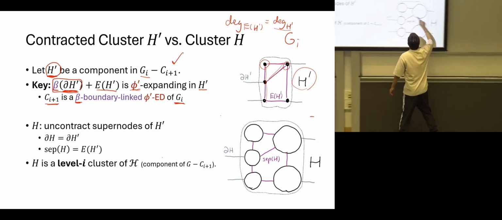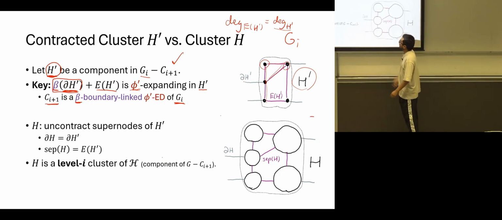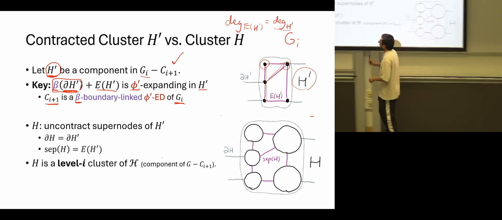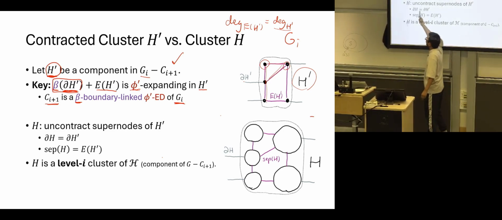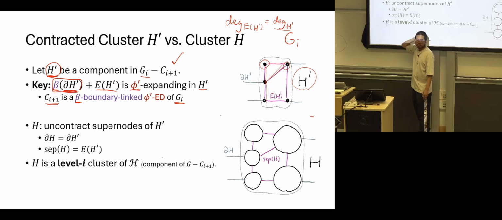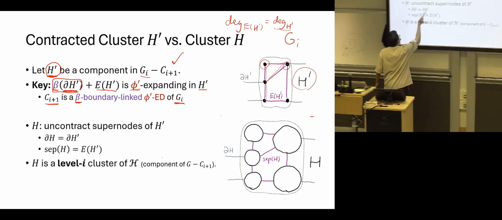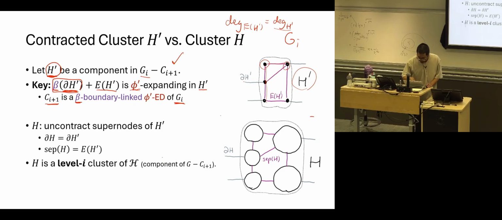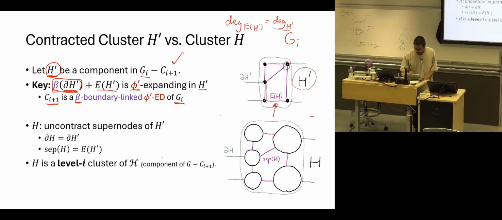Just uncontract every supernode. But note one thing: the boundary of H and H prime will be the same. It's just going to be the same. And the edge set of H prime will look exactly like the separator of H. Right? You see, right?